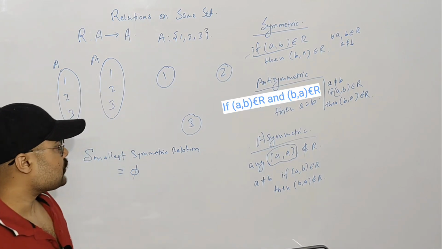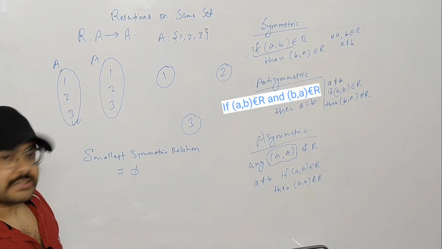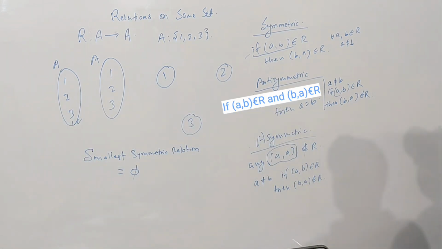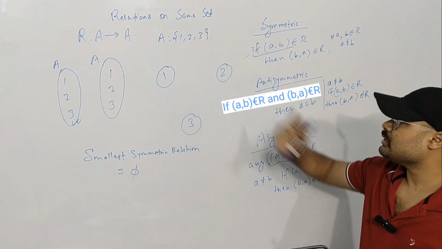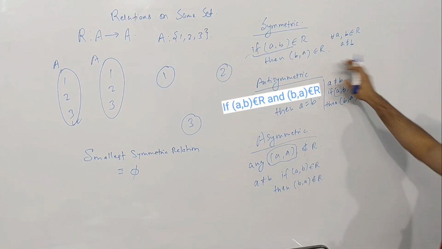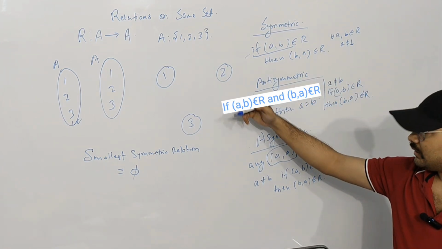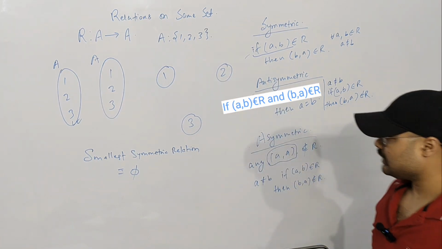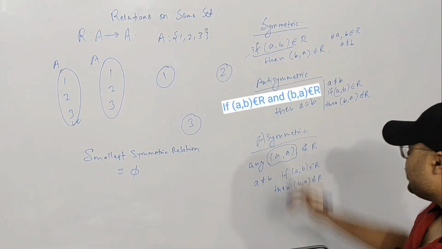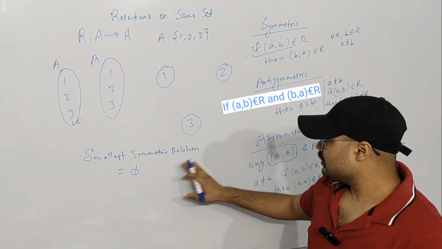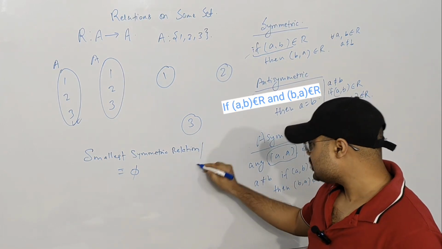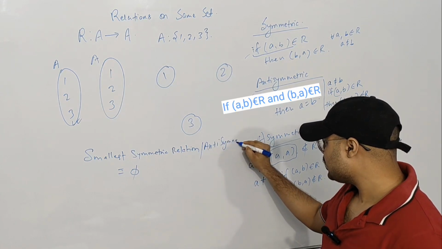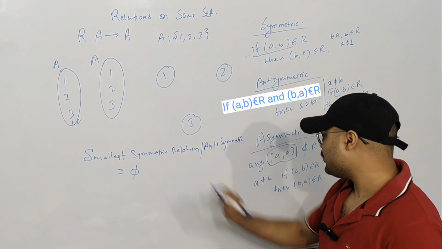Again, in anti-symmetric also, the smallest is phi, because there is no edge between any two distinct elements. I don't have to check whether the condition is being violated, as there is no edge in the first place. So for the smallest symmetric or smallest anti-symmetric, this is phi.